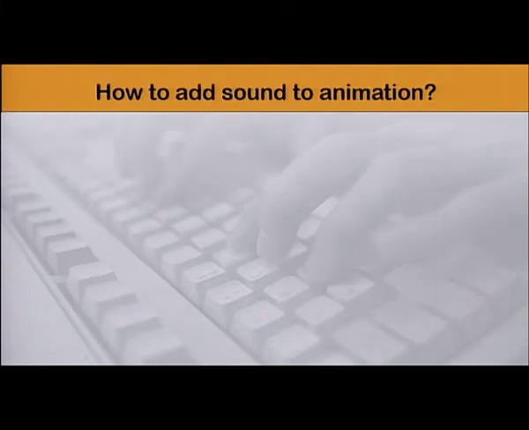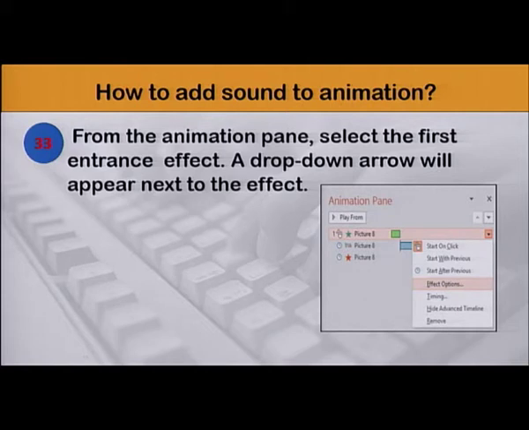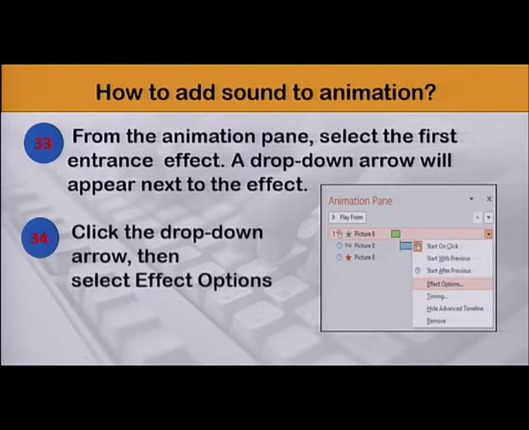To make the animation effective, let us add some sound to it. From the Animation pane, select the First Entrance effect. A drop-down arrow will appear next to the effect. Click the drop-down arrow, then select Effect Options.